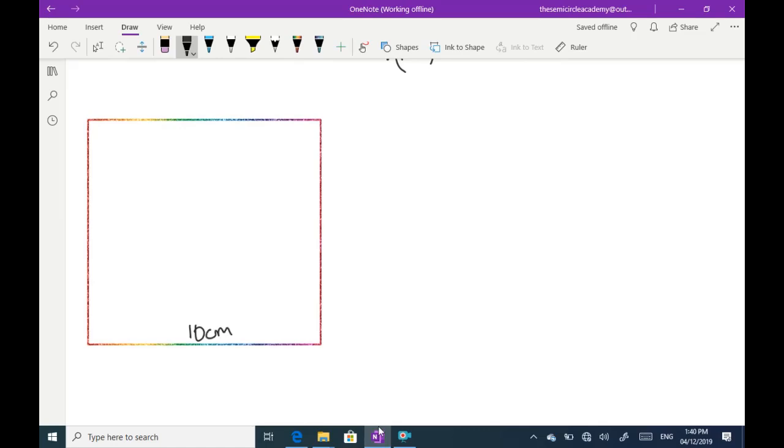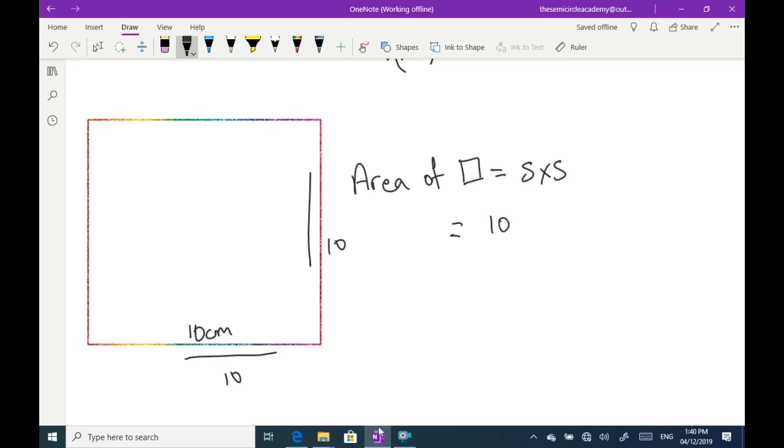So the area of a square is side times side, right? So I know that this side is 10 centimeters, and this side would also be 10 centimeters because it's a square, right? So that'll be 10 times 10, which will be 100 centimeters squared.